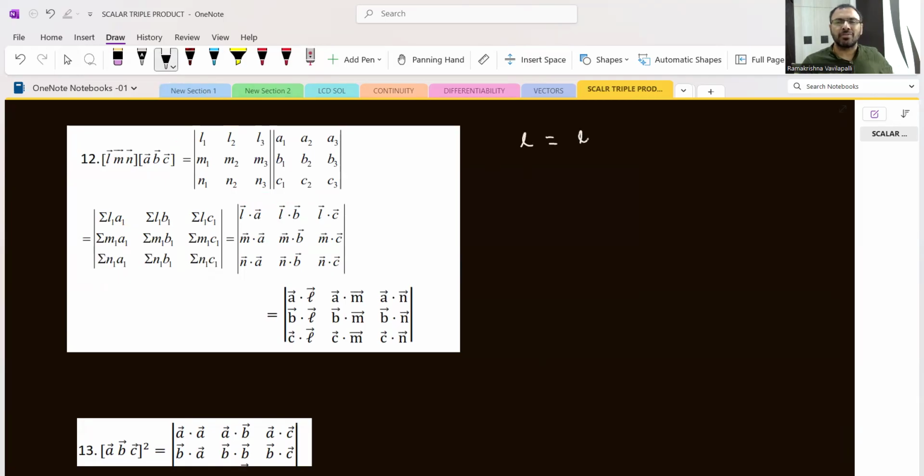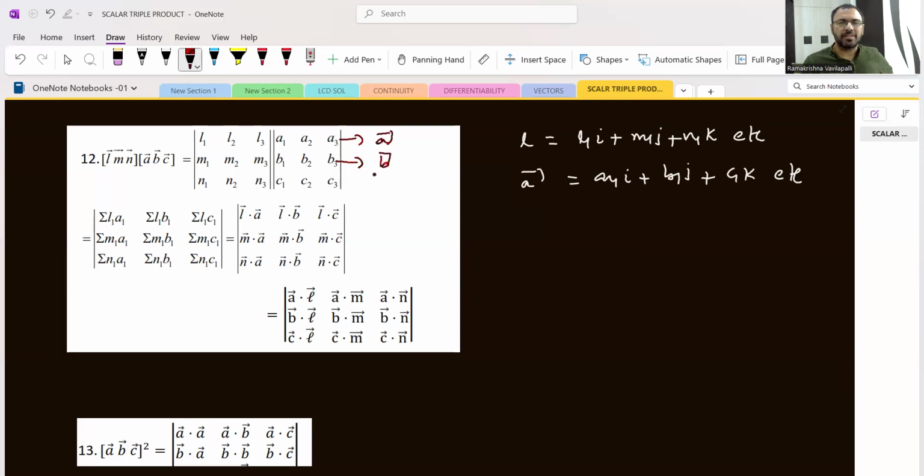L is equal to L1 i plus M1 j plus N1 k, etc. Like this, and here A bar is equal to A1 i plus B1 j plus C1 k, etc. Or else you can say this is A bar vector, this is B bar vector and this is C bar vector.